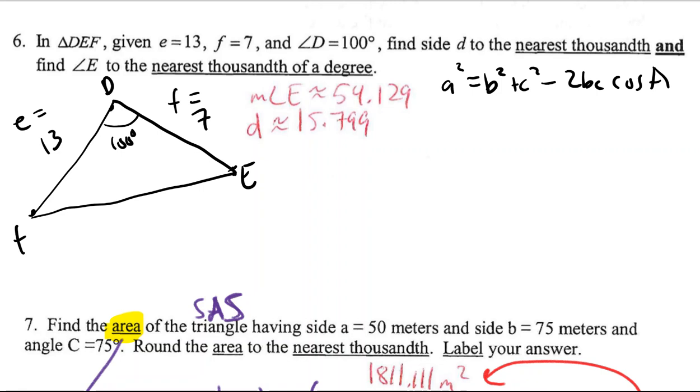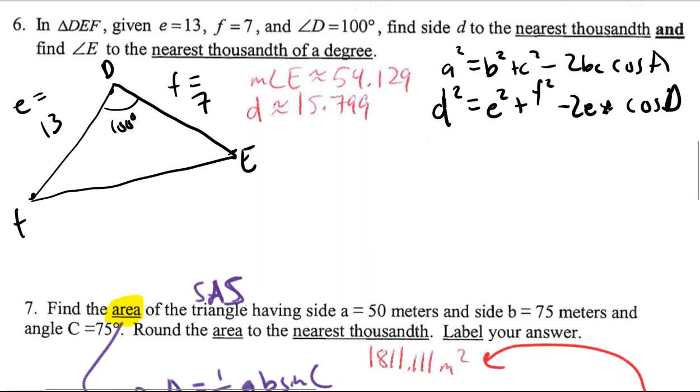So you just need to switch this. If you're going to switch A to be D, then angle A needs to be angle D. And if instead of calling this B, we're going to call it E, then it needs to be E here as well. And instead of calling this C, we call it F. Make sure that you're consistent and change this C to F as well. And now it's the same thing.